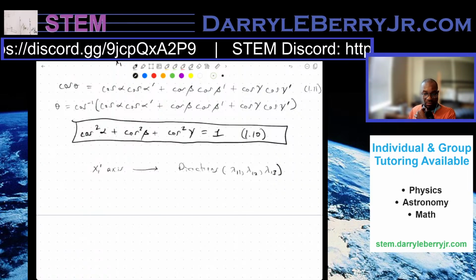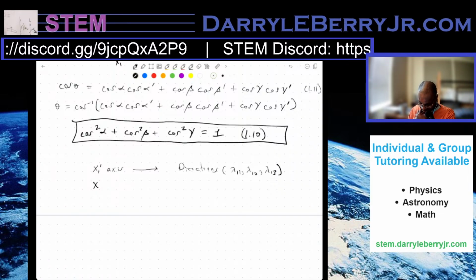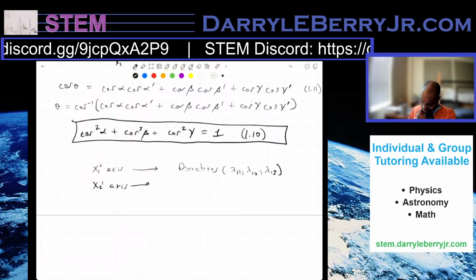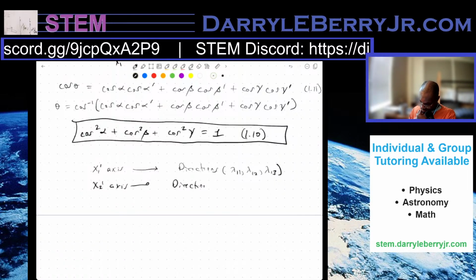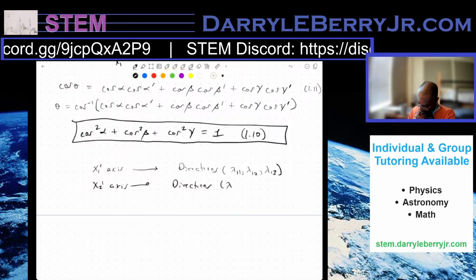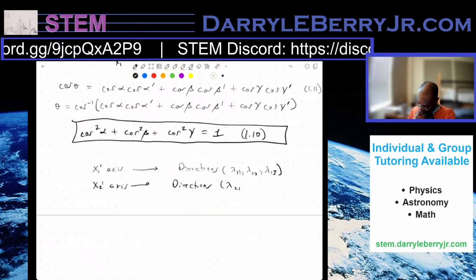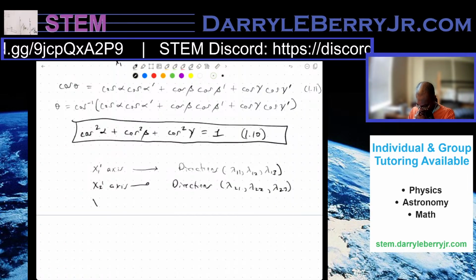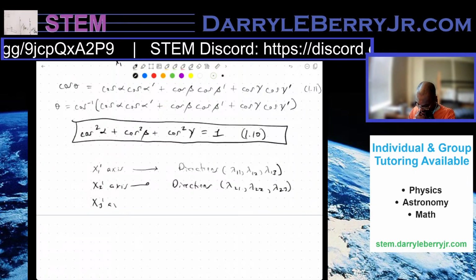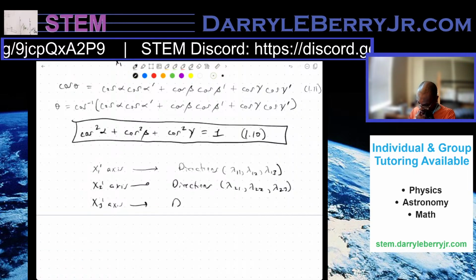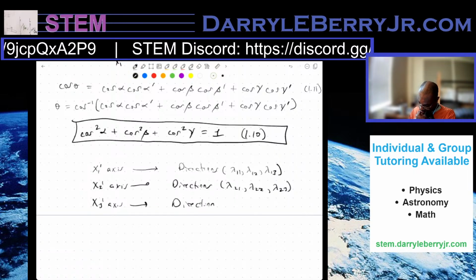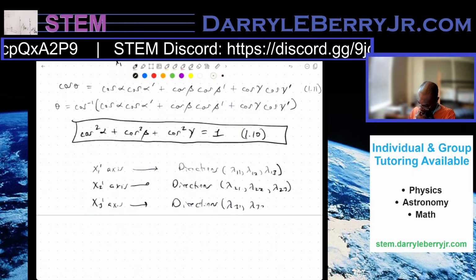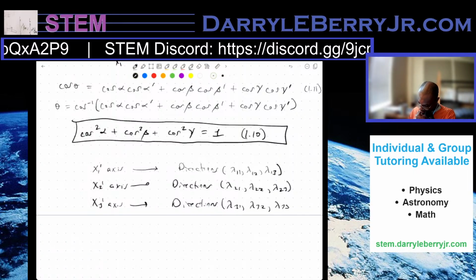Similarly, the direction cosines for the x2' axis are lambda 2 1, lambda 2 2, lambda 2 3. Similarly, the directions for the x3' axis are lambda 3 1, lambda 3 2, lambda 3 3.